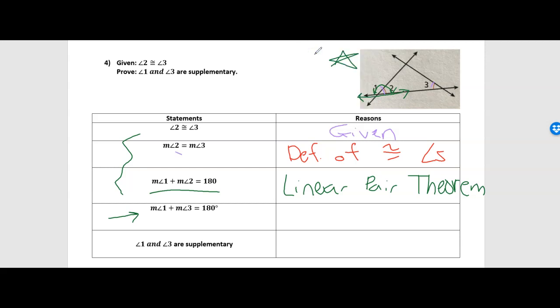Well, measurement of angle 2 equals the measurement of angle 3, so I can make a little substitution. Substitution property of equality. And my last statement, if I know that these two angles sum to 180 degrees, then they must be supplementary by the definition of supplementary angles.